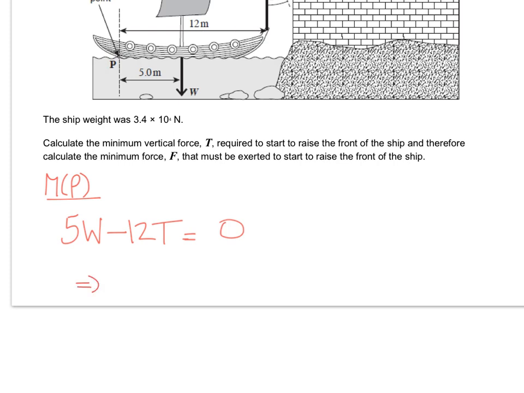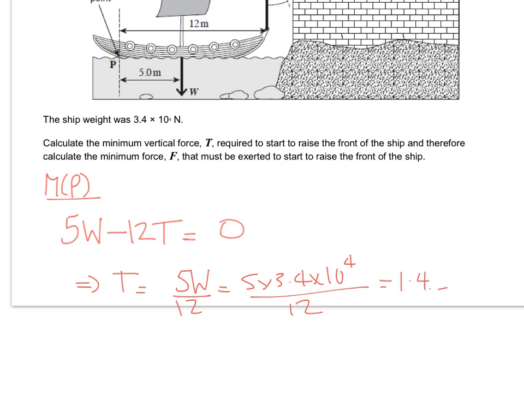So we can get that T is 5W over 12, which is 5 times 3.4 times 10 to the 4 divided by 12. Let's plug that in, and we end up with a value which is 1.4 times 10 to the 4 newtons. So that's the value of T.